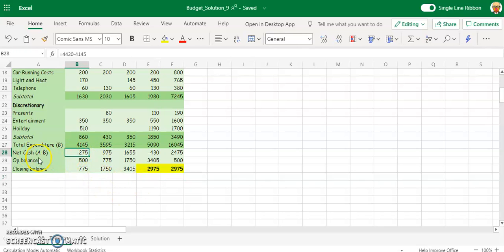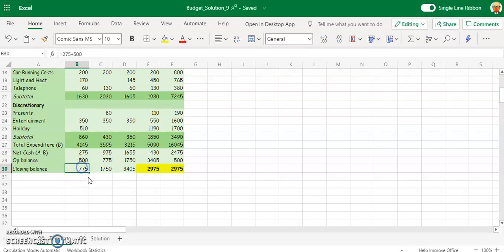Remember, your net cash, A minus B, is your total income minus your total expenditure for each month. Your opening balance will always be given to you in the question, and we put that in at the very start. Your closing balance is your net cash plus your opening cash. Your closing balance for one month becomes the opening balance for the next.